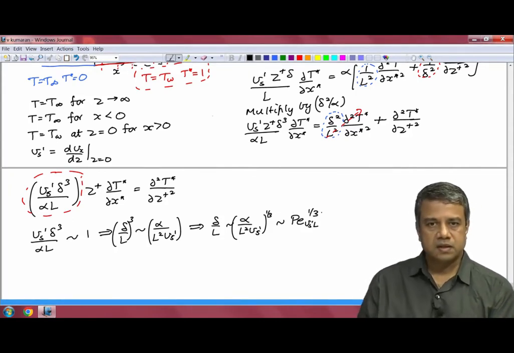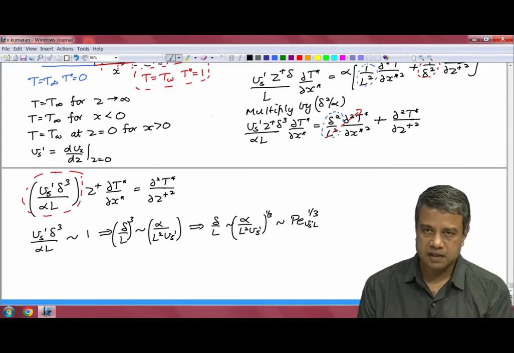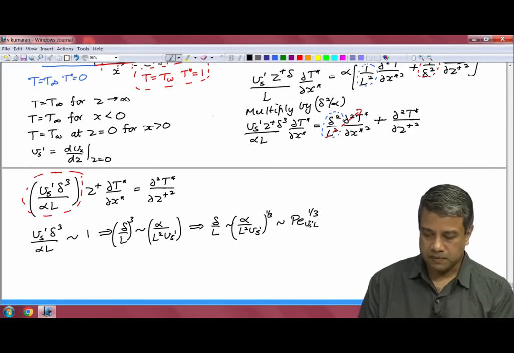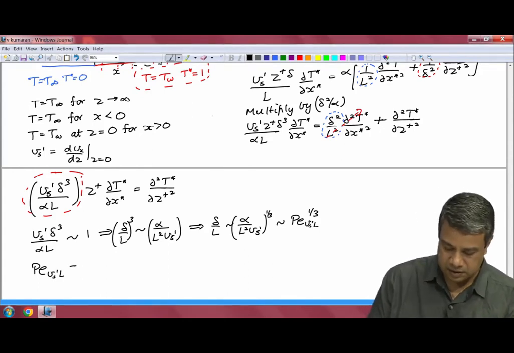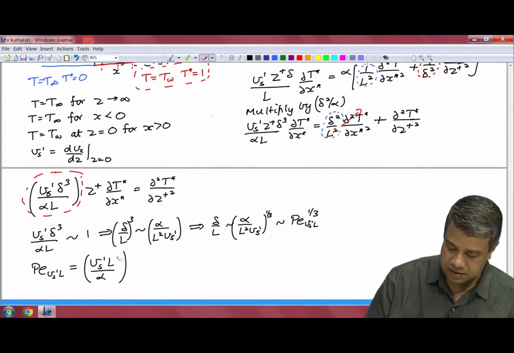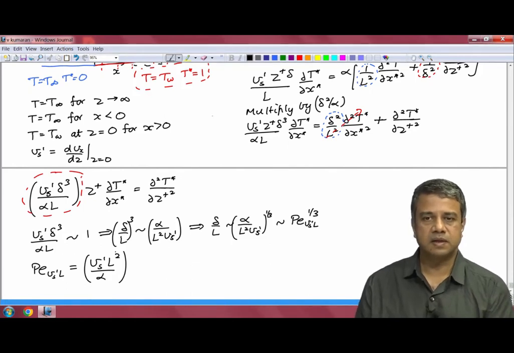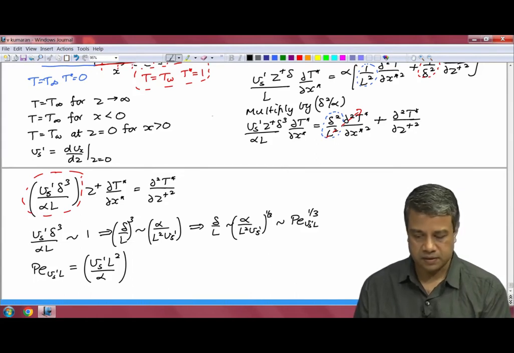So, that is the scaling for this thickness delta in such a way that convection and diffusion are comparable in the limit as Peclet number goes to infinity, where the Peclet number in this case is based upon the strain rate and the length, and this is equal to Vs prime L square by alpha. It is not based on the characteristic velocity, but rather the strain rate close to the wall, because near the wall the velocity is determined by the strain rate times the distance, because the velocity has to decrease to 0 at the wall.